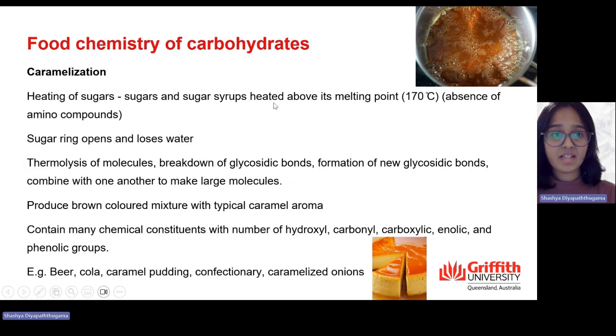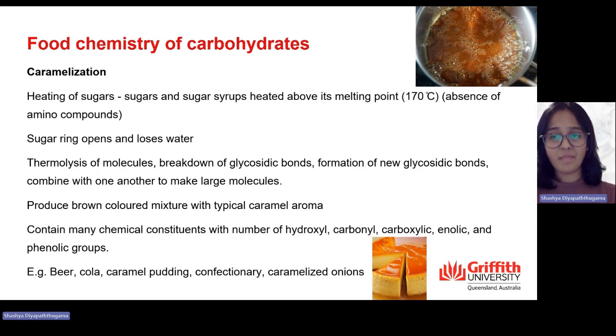The next reaction is caramelization, which is also producing a brown color, but this is different to Maillard reaction because, as I told you, for the Maillard reaction to happen, we need both carbohydrates and amine groups.